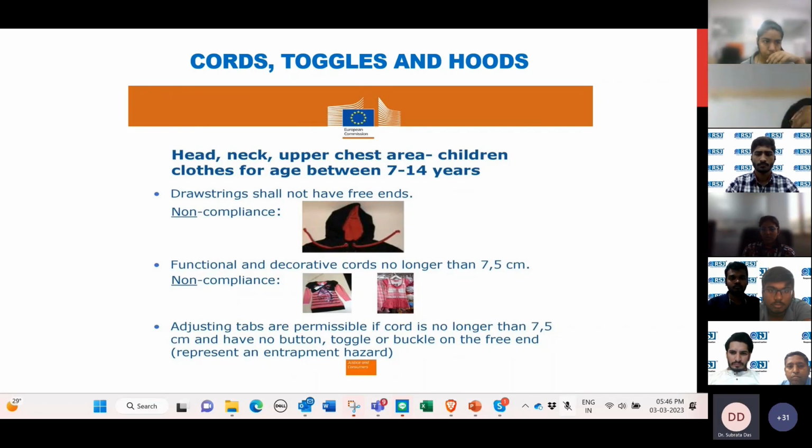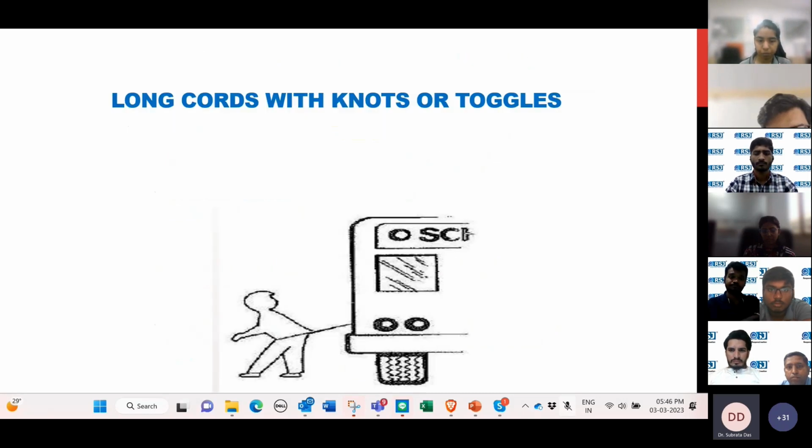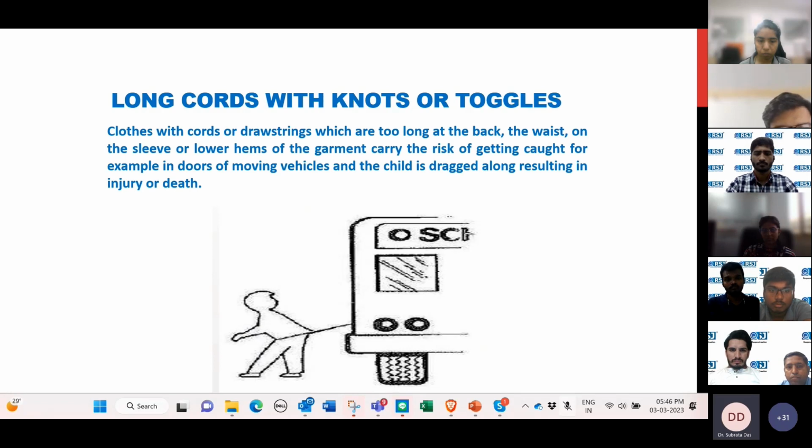We have to take those things into account, and that is why it should not have buttons, toggles, or buckles on the free end. Otherwise it will cause entrapment hazards, because in one area it is holding and another area is caught, as we can see in the playground picture.